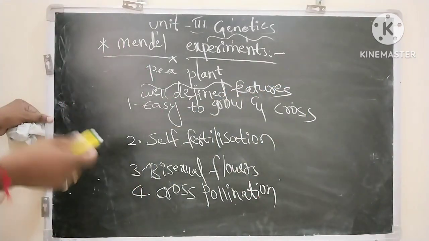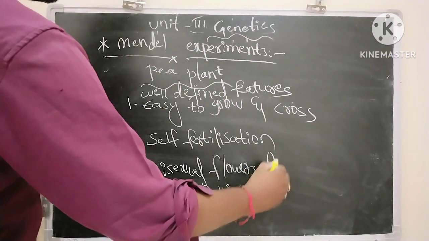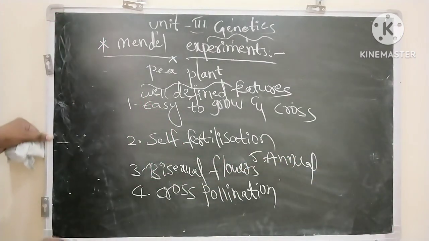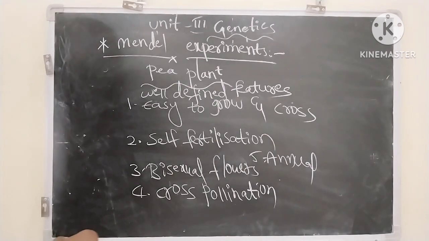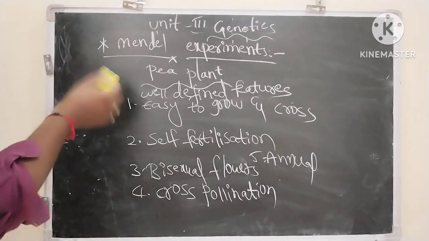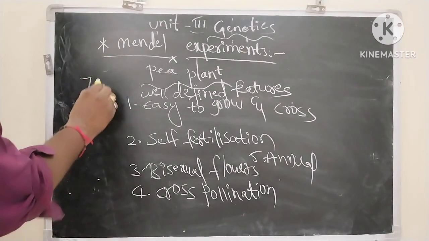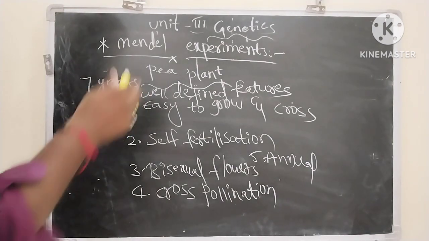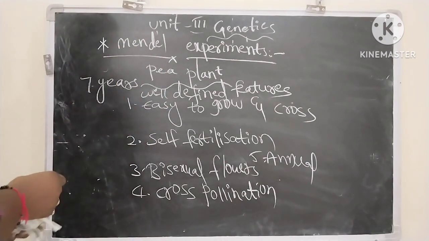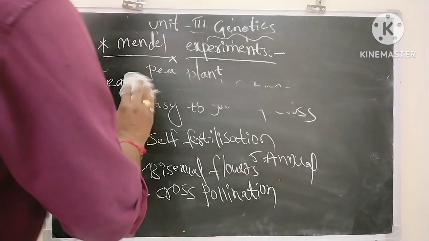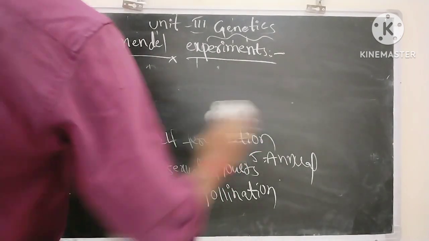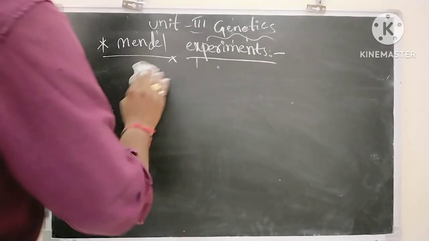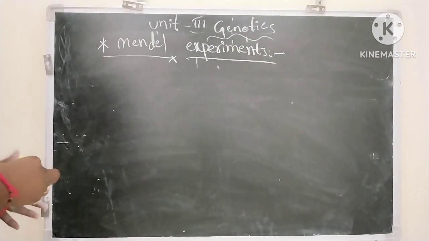It is also an annual plant, completing its life cycle in a year. Mendel conducted experiments for nearly 7 years on pea plants, and by studying inheritance in living organisms, he proposed the laws of inheritance.